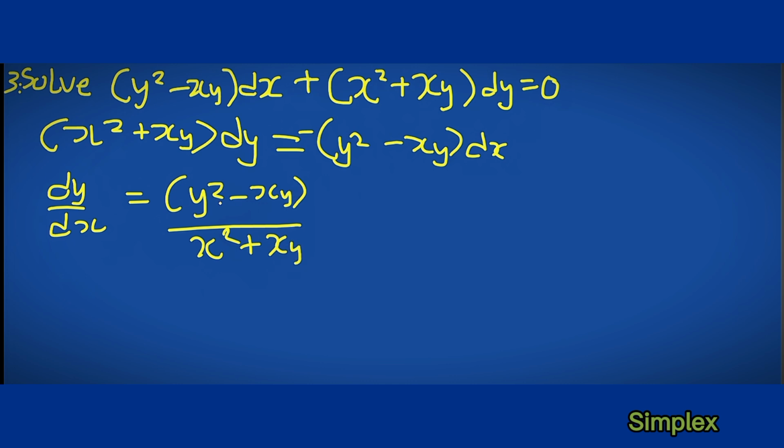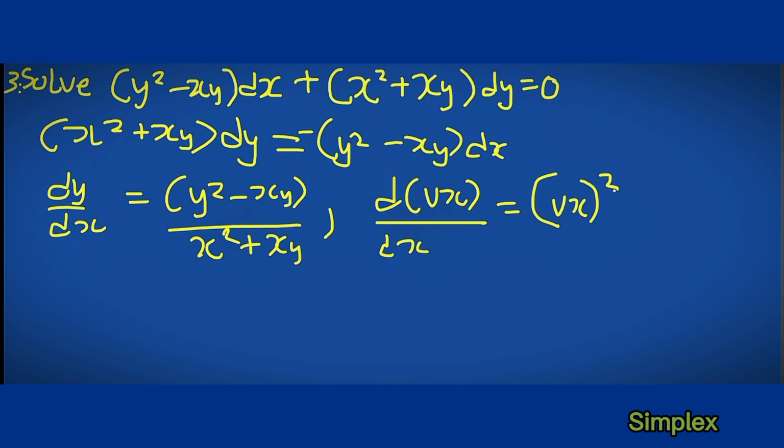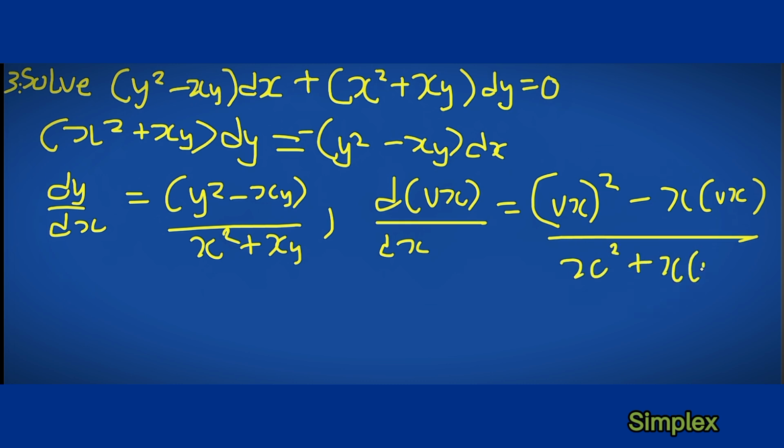So we're going to substitute the value of y for vx. So we have d(vx)/dx is equal to ((vx) squared minus x(vx)) over (x squared plus x(vx)).